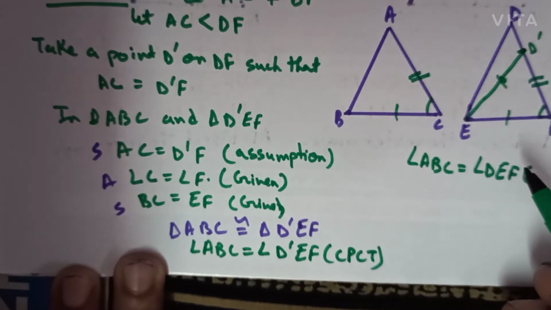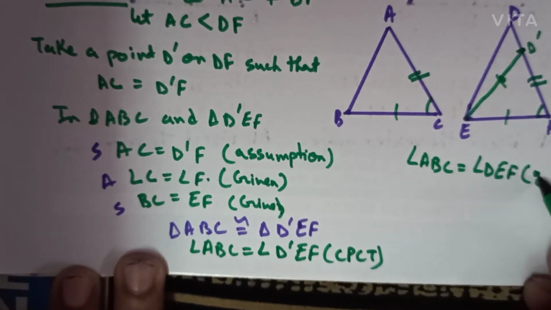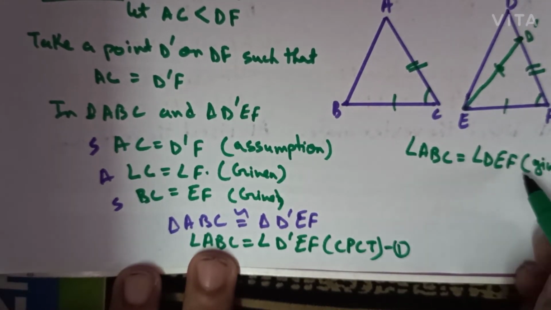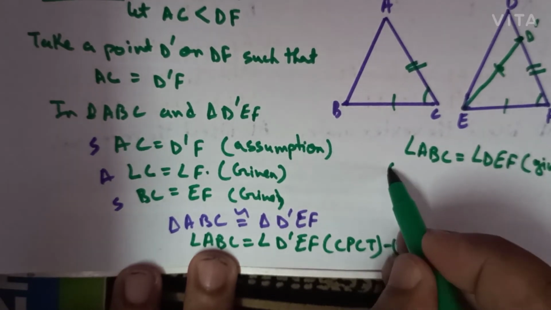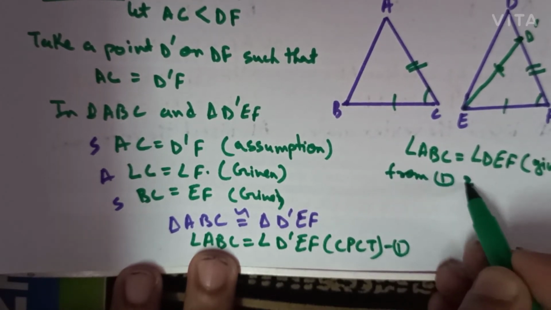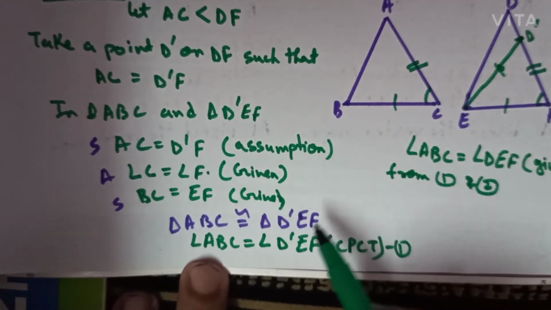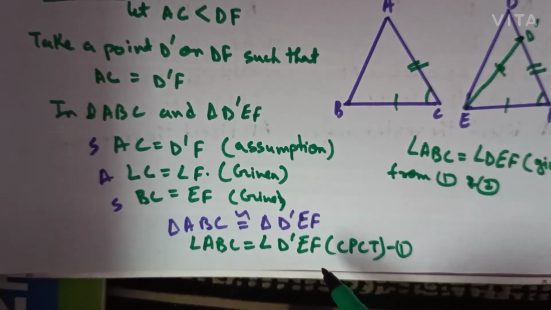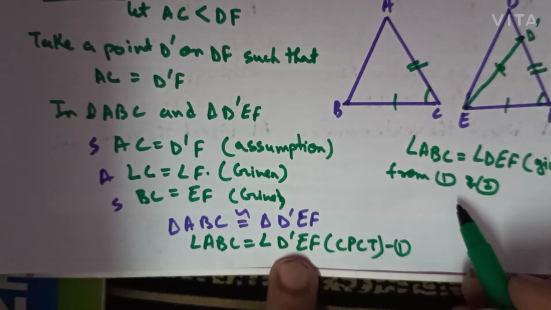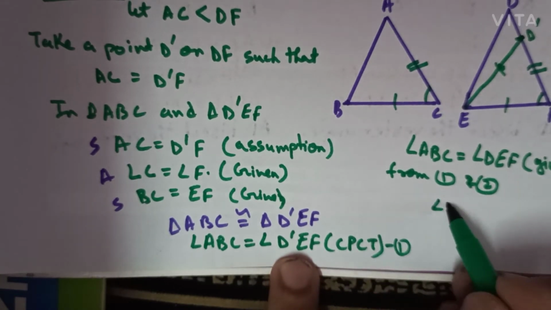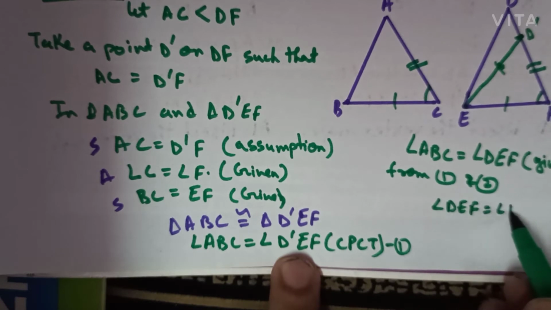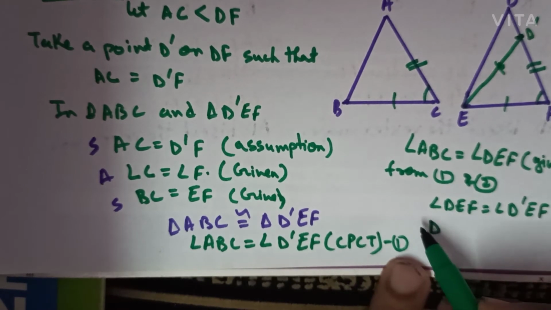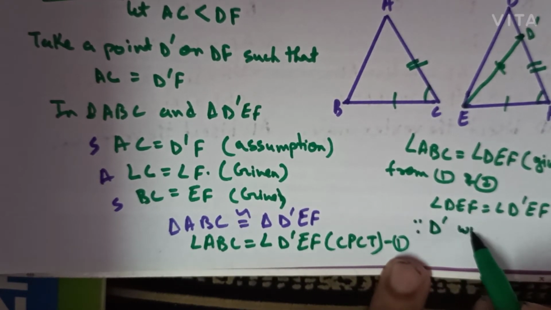Angle B is given equal to angle E. If I assume this is equation 1 and this one as equation number 2, then from 1 and 2, since the RHS is the same, both ABC, the LHS will also be the same, that is angle DEF will be equal to angle D dash EF.